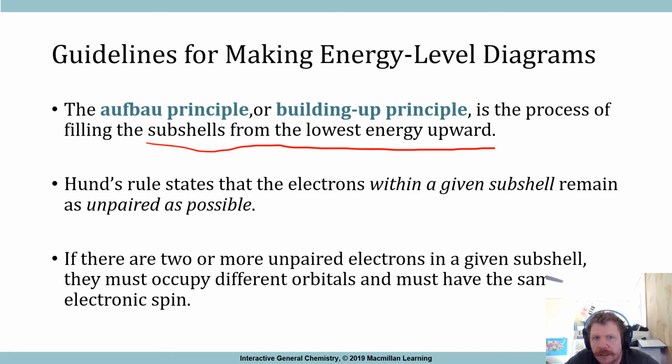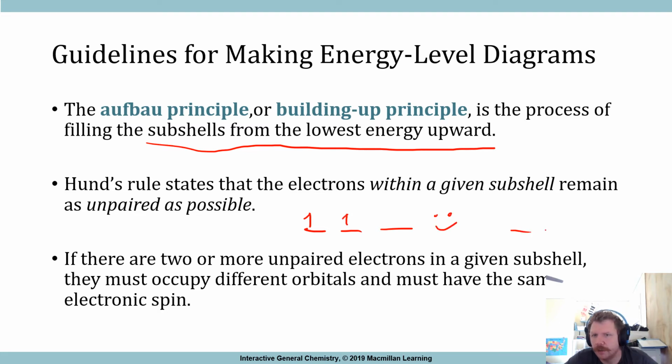Hund's rule states that electrons within a given subshell remain as unpaired as possible. So if you had 2 electrons and you were putting them into the 2p orbital, you'd put 1 electron here and then another electron here.